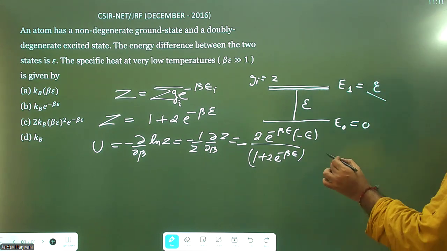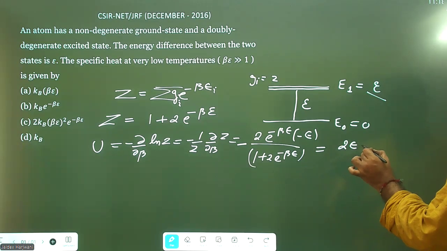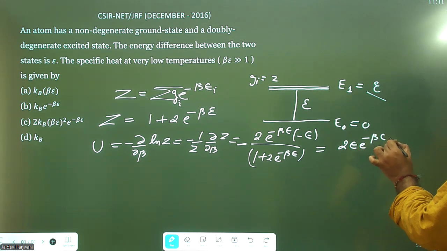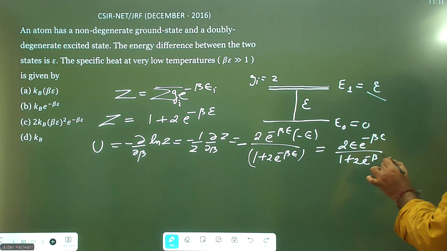So my internal energy becomes positive 2E e to the power minus beta E upon 1 plus 2 e to the power minus beta E.